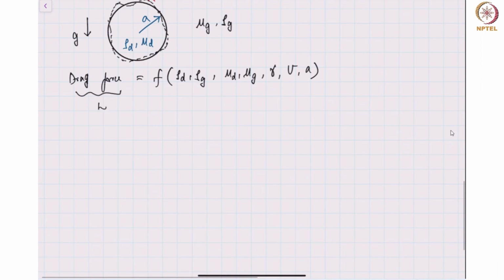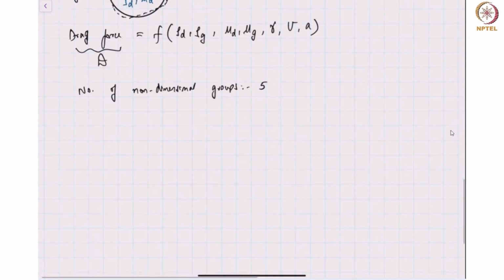Okay, so straight away you can imagine that if you count the number of parameters, if I call this drag force D, then I have a number of non-dimensional groups. There'll be 8 parameters I have, okay, and 3 dimensions, mass, length, and time, and therefore I have 5 non-dimensional groups.